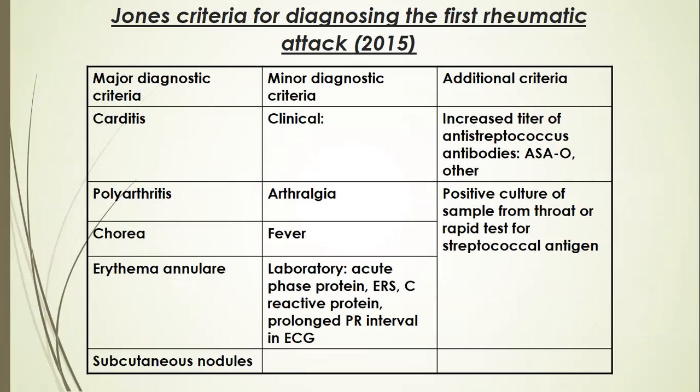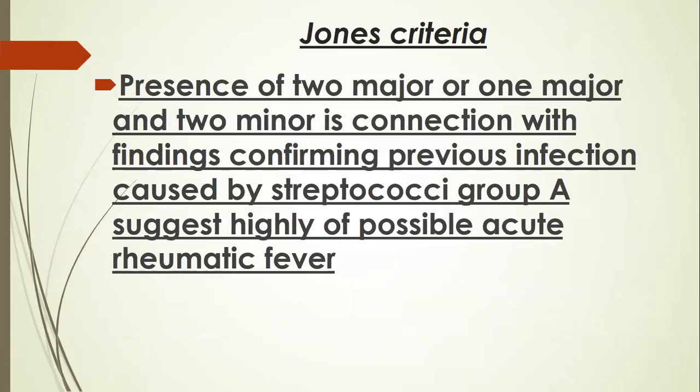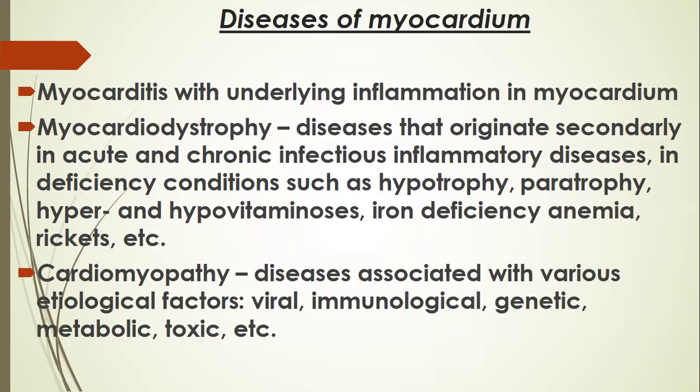There are major diagnostic criteria, minor diagnostic criteria, and additional criteria. The presence of two major or one major and two minor criteria, in connection with findings confirming previous infection caused by beta hemolytic streptococcus of group A, highly suggests possible acute rheumatic fever.